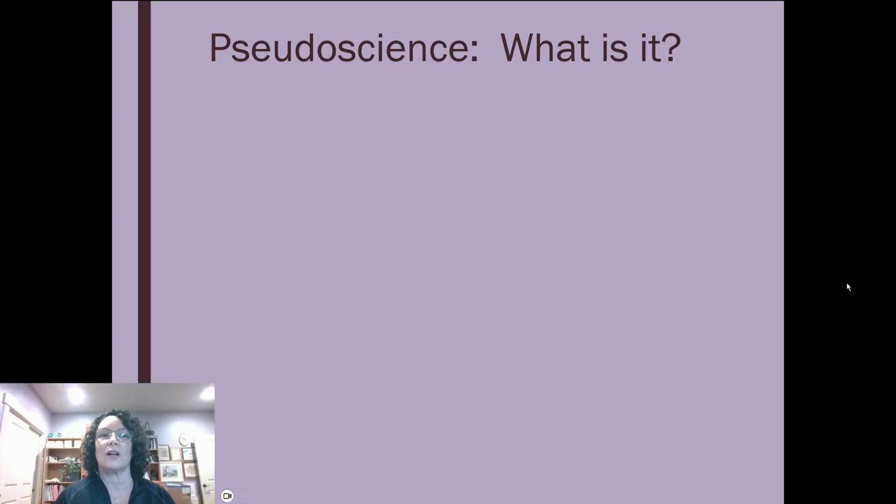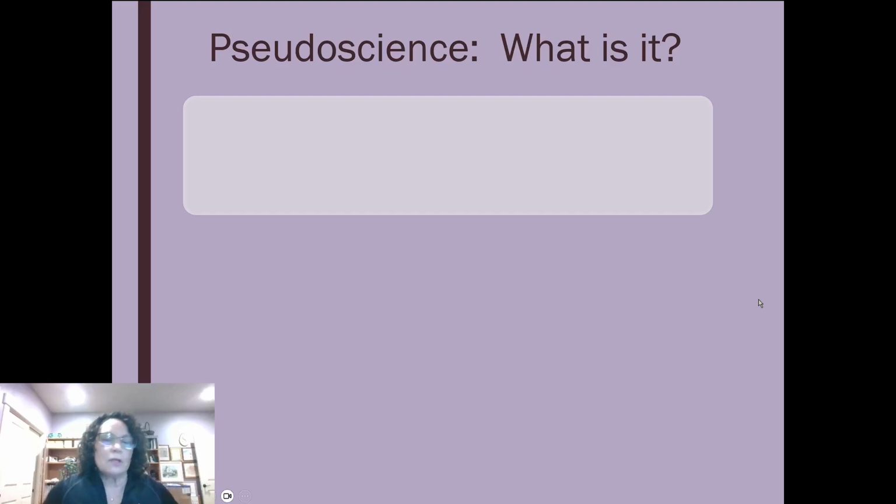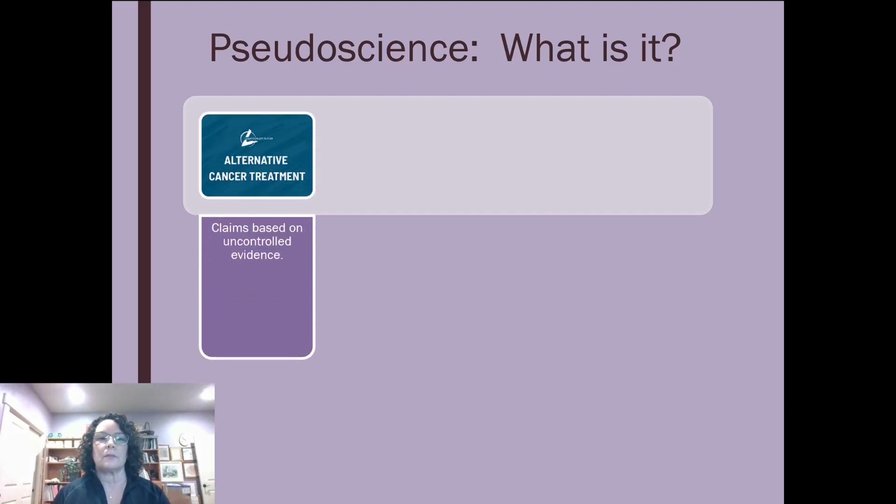All right, so let's start off with defining pseudoscience. Pseudoscience is made up of four basic components. One is they make their claims based on uncontrolled evidence.